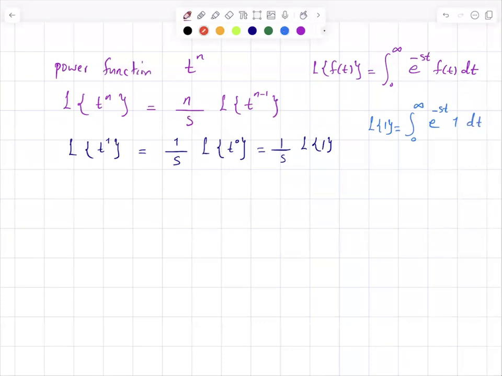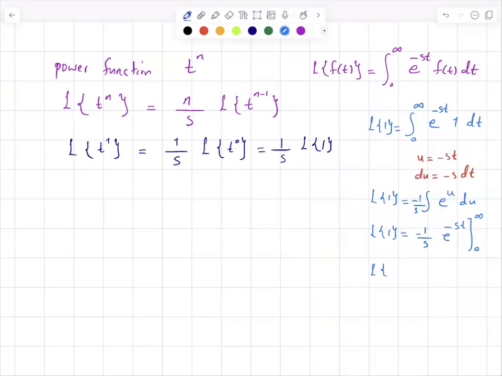Using a simple u substitution, u is equal to negative st, du is negative s dt, so the Laplace of 1 can be written as the integral of e to the u du multiplied by negative 1 over s. So the Laplace of 1 is equal to negative 1 over s e to the power negative st, with t ranging from 0 to infinity.